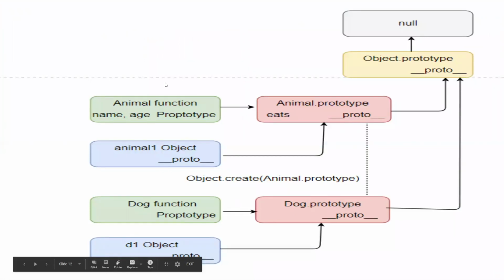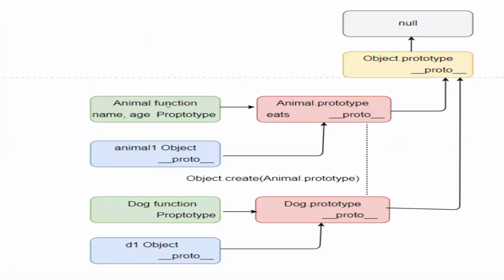So earlier what we did, we created an animal constructor function. It had the name and age. Its prototype was pointing to the eats that we assigned explicitly. And that points to the Object prototype, which is the global prototype object from where everything is getting created.